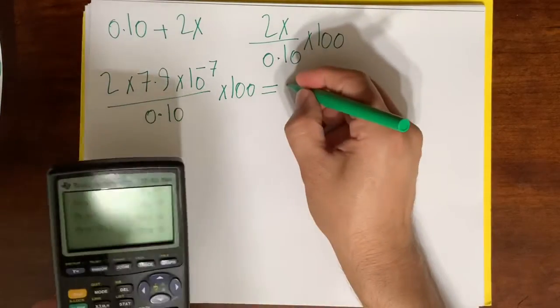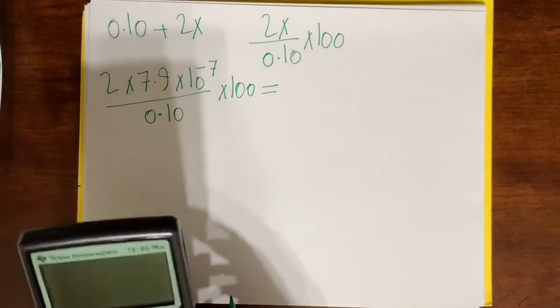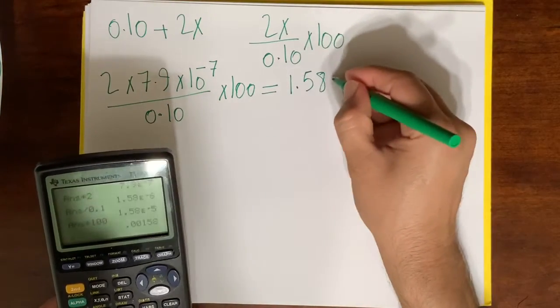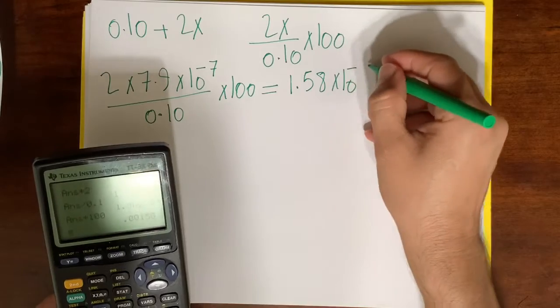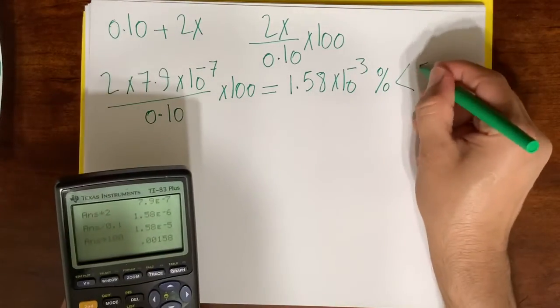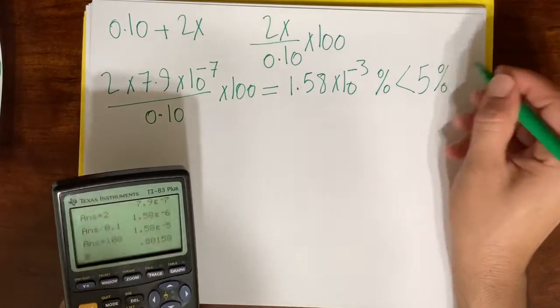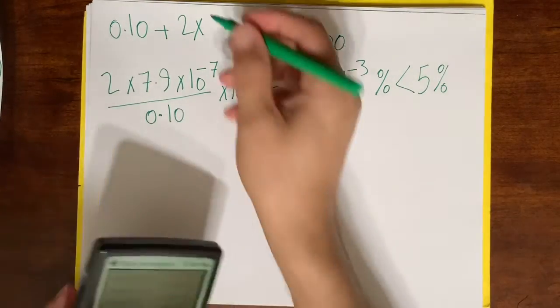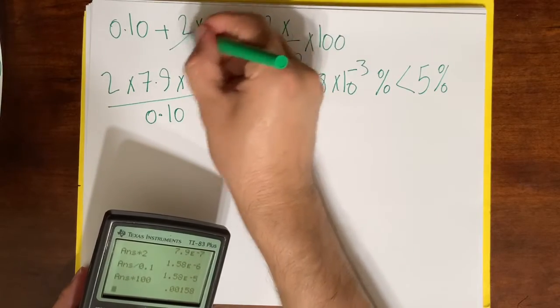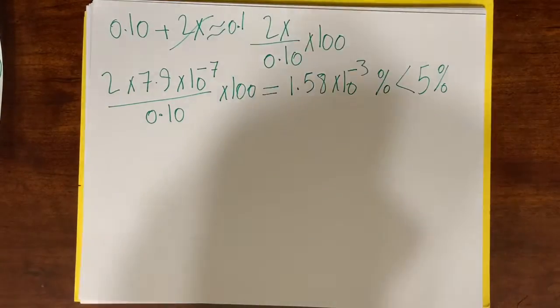That's going to be 1.58 times 10 to the power of minus 3 percent. So it's less than 5%, so the assumption was correct. It was correct to say this is almost equal to 0.1, and we ignored the 2X.